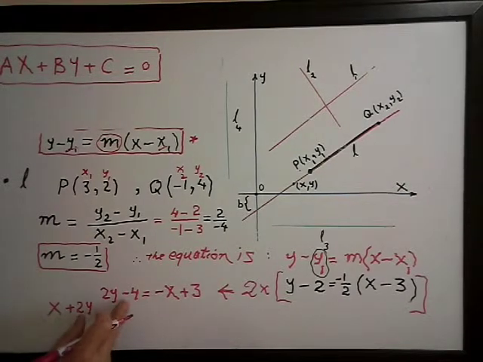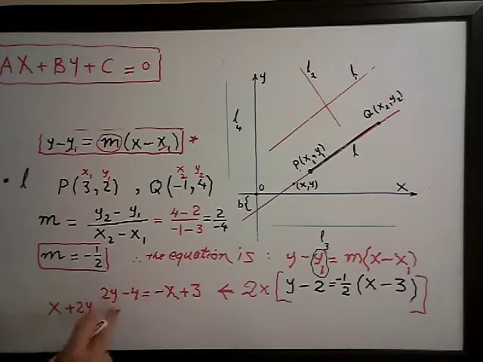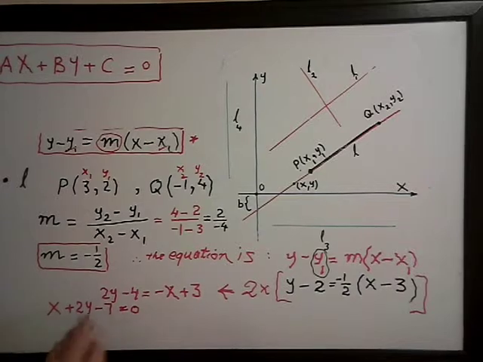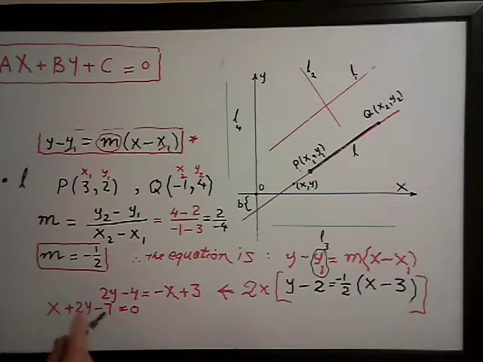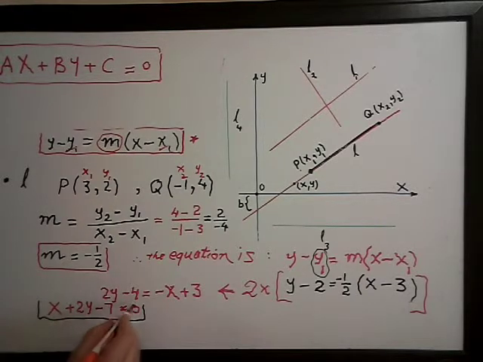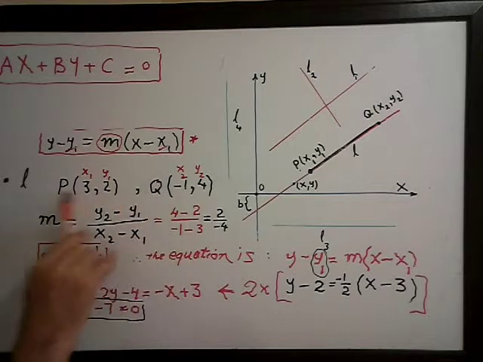Here -4, and this 3 moves to the other side, -3 also. -4 and -3, that means -7 is equal to 0. This is the equation for the line L, which passes through the 2 points given here.